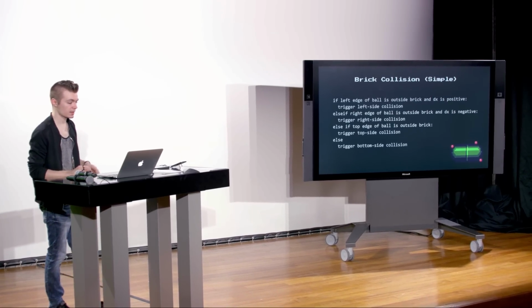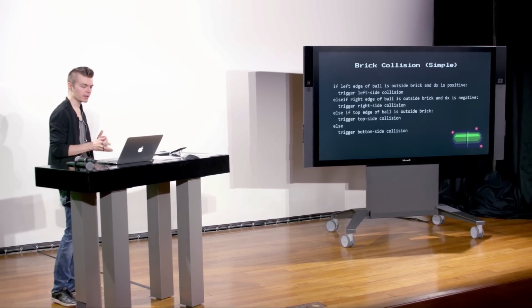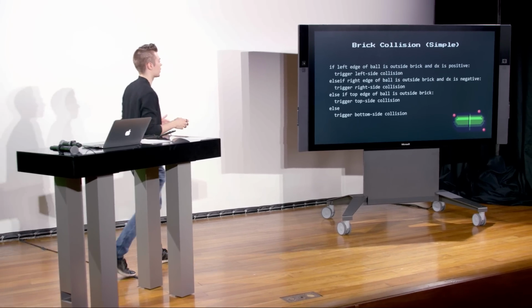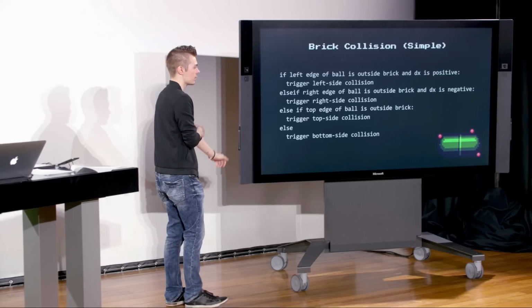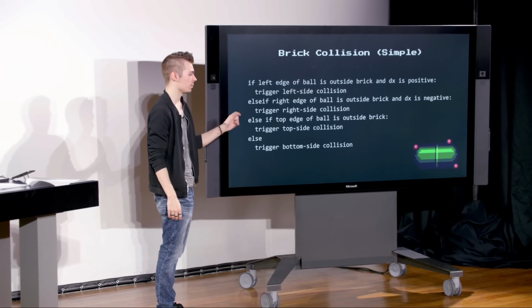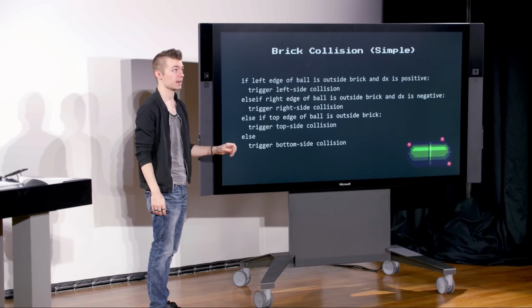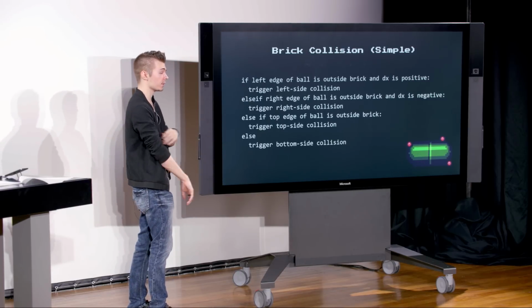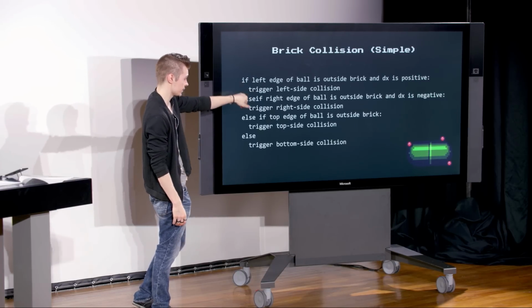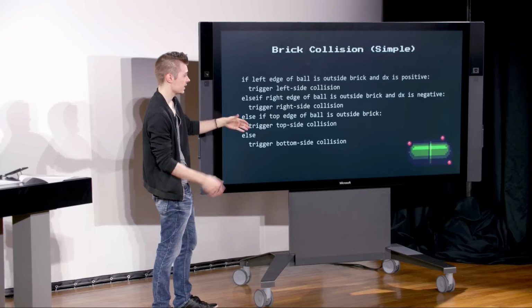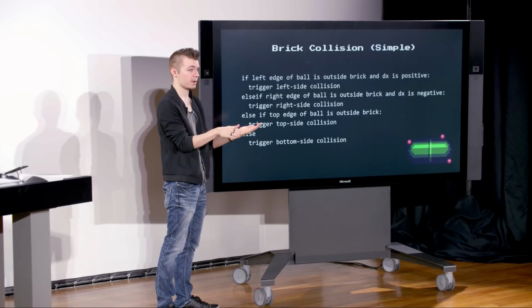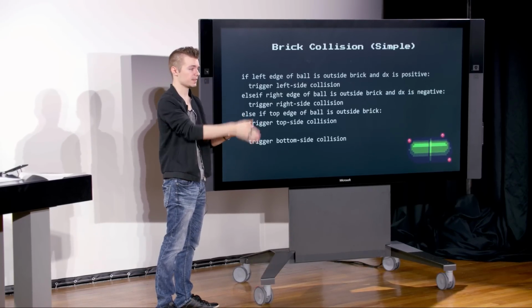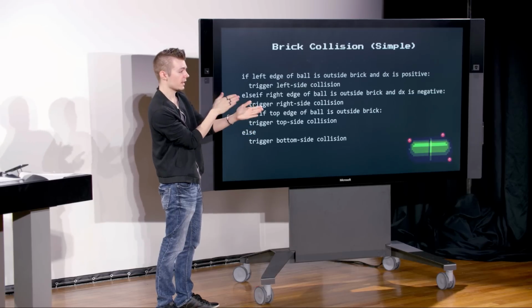Brick collision is pretty simple, but a little bit more complicated. Basically what we need to do is check which edge of the ball isn't inside the brick. We can simplify this a little bit, as you see here by the pseudocode: if the left edge of the ball is outside the brick and the dx is positive, then we can assume we've come in from the left side.